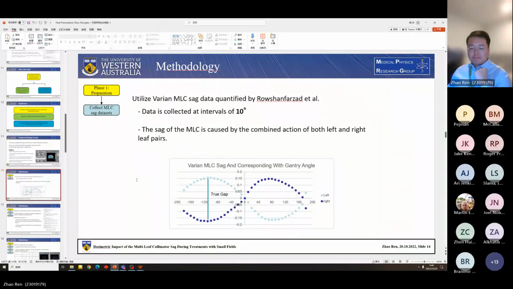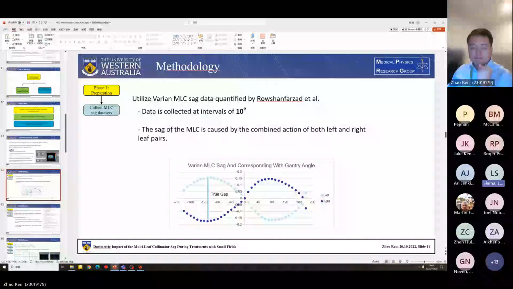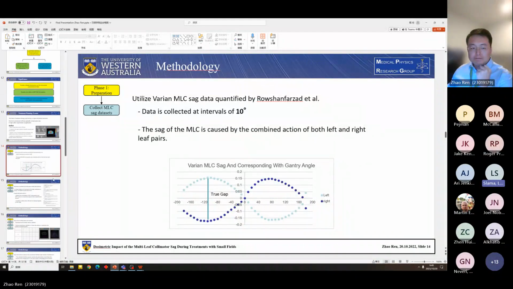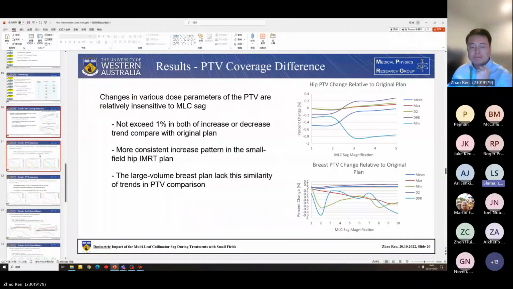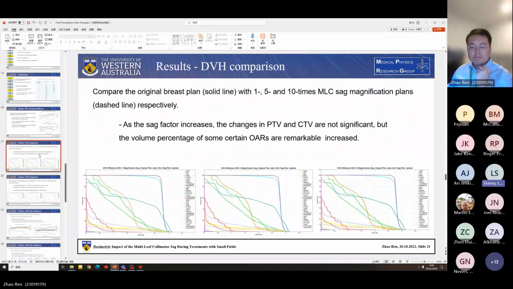Luke? Yeah, I've got one question. You mentioned the different parameters that you looked at to see how good the plan is, but did you look at things such as conformity index or homogeneity index, especially for the small field treatments? Okay, I should consider the conformity index.